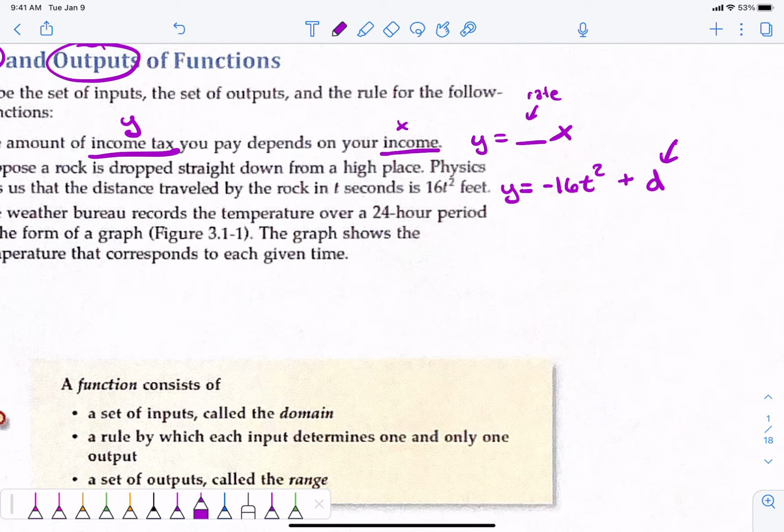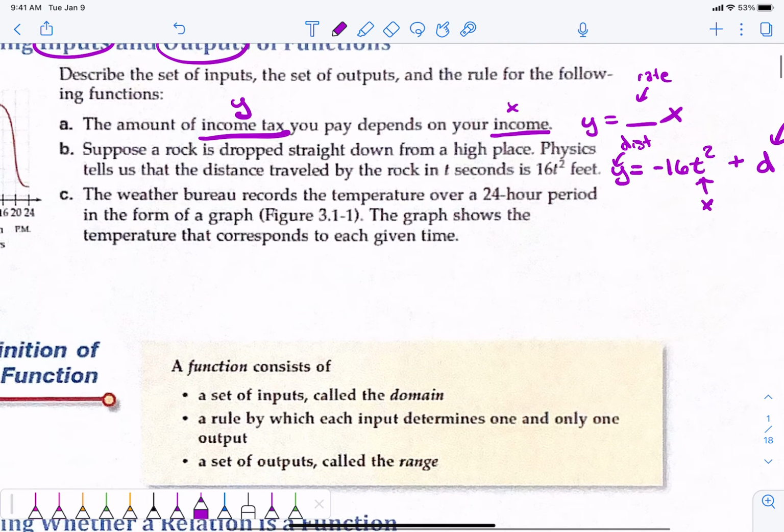Okay, we've seen that formula before. T is your X variable. Y is your output variable. So the time is the independent variable, or your X, and the distance that it travels is your Y, that the rock travels. Okay, so that's kind of how that works.